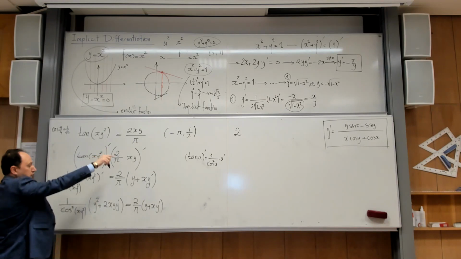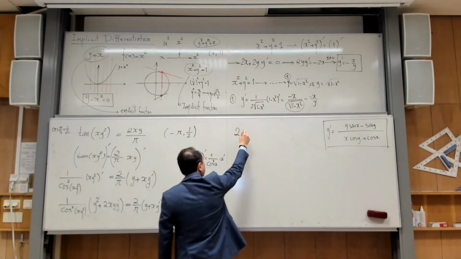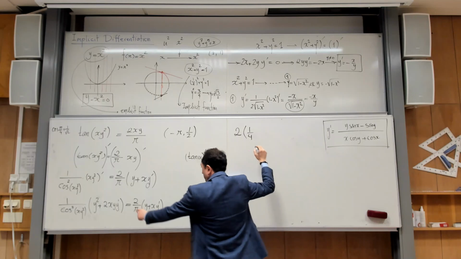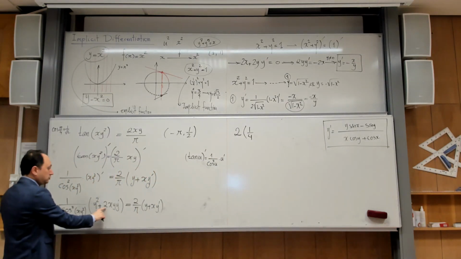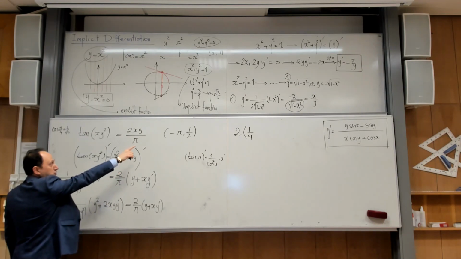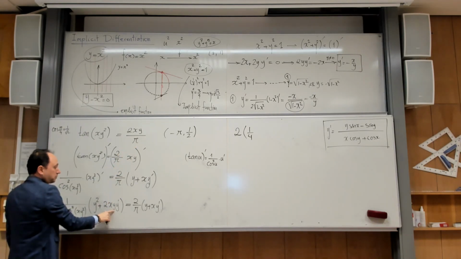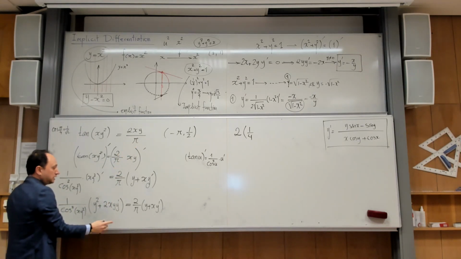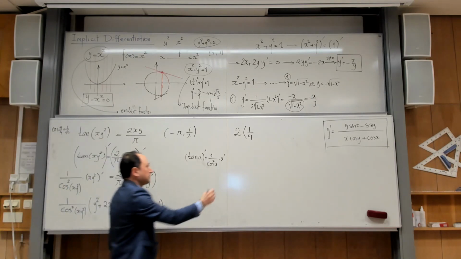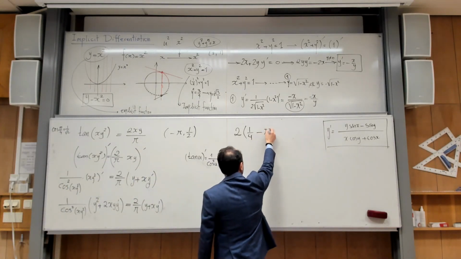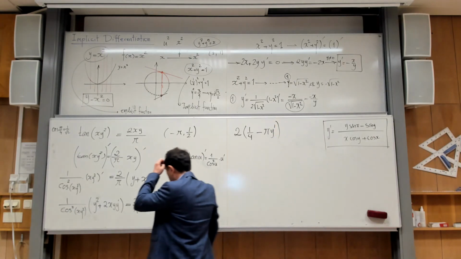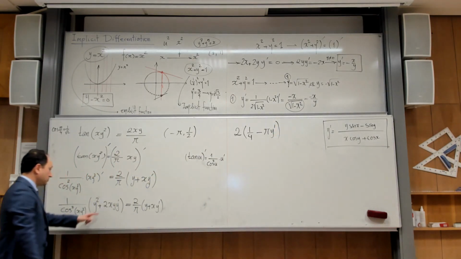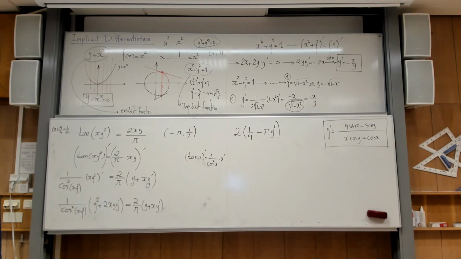It is 1 over 4. And then plus 2 times x times y. 2 multiplied by x is minus 2 pi, multiplied by y is minus pi, multiplied by y prime. Yeah, please check my calculations because we want to have some fun with GeoGebra. So do you confirm that calculation?